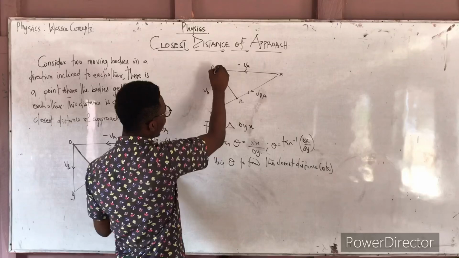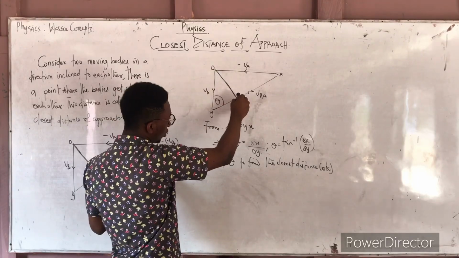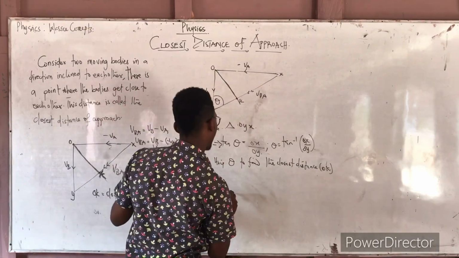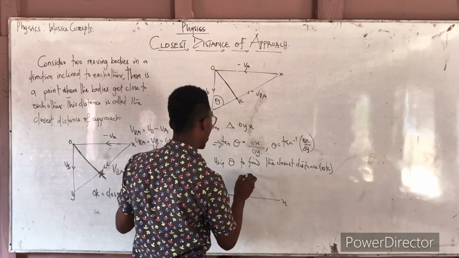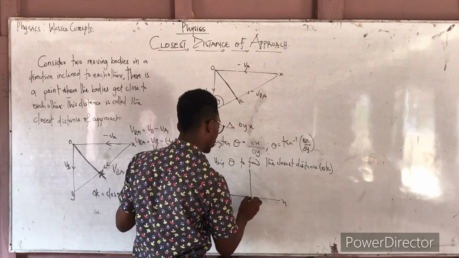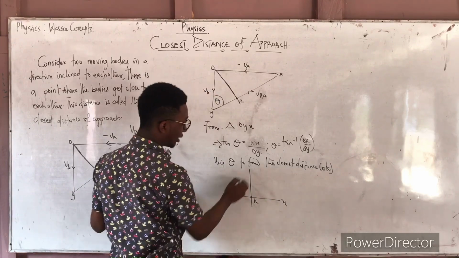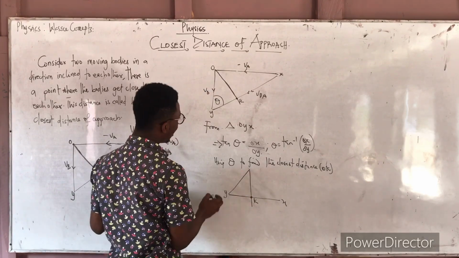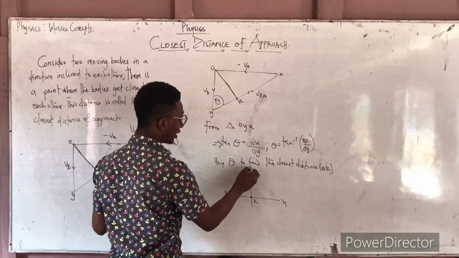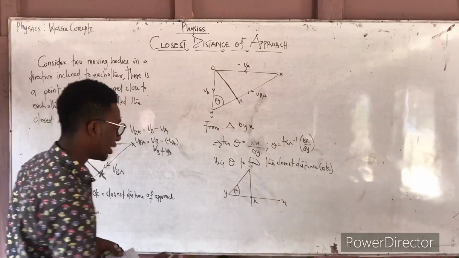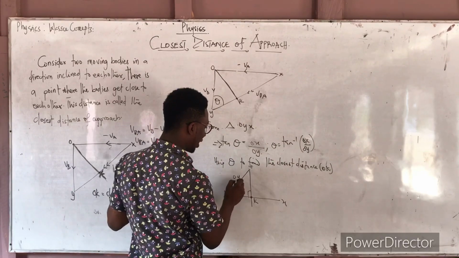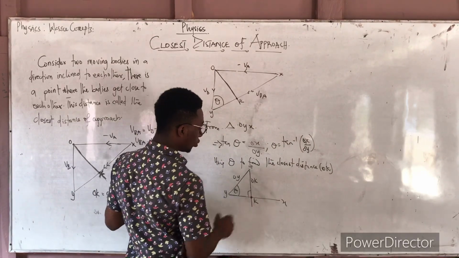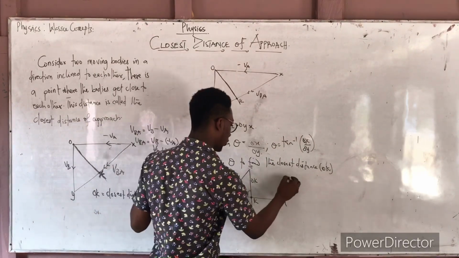And when you do that, realize that OK is perpendicular to the line YX. So now if you close it like this, the theta angle is here, and this is our point O. So we are getting a right angle triangle. This is our OY side, and this is our OK. So to find OK, it's very simple.